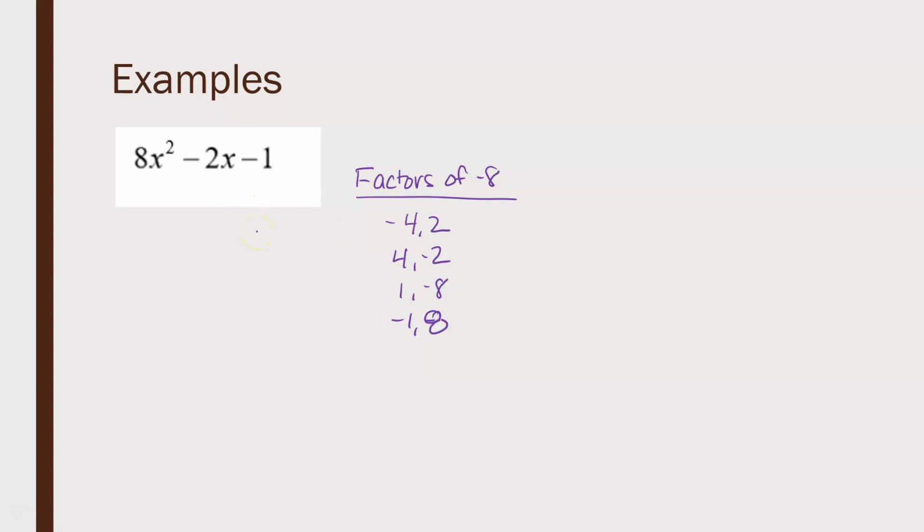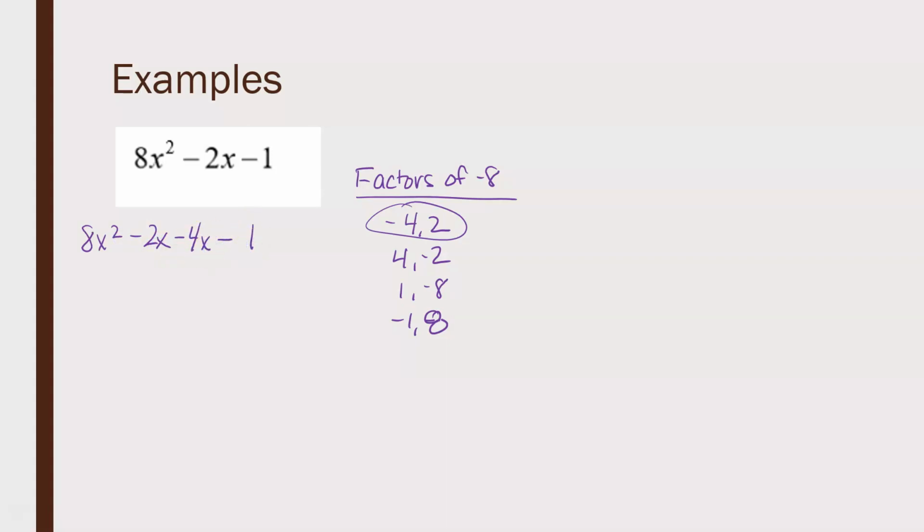So I am going to take -4, 2, because when you add them together, they equal -2. I'm going to take those two factors in the variable, and I'm going to split that term up. So I have 8x squared minus 2x minus 4x minus 1.